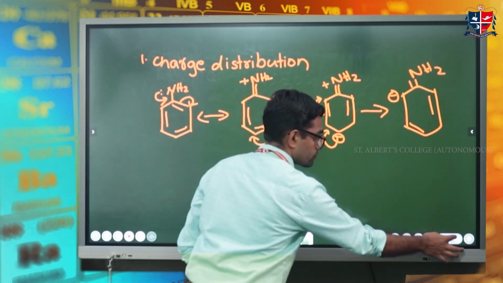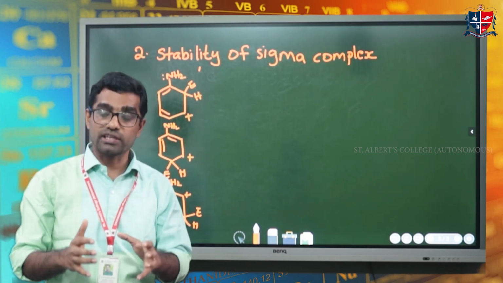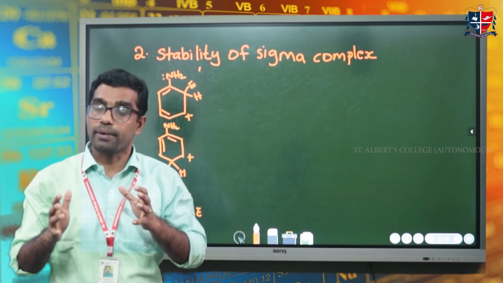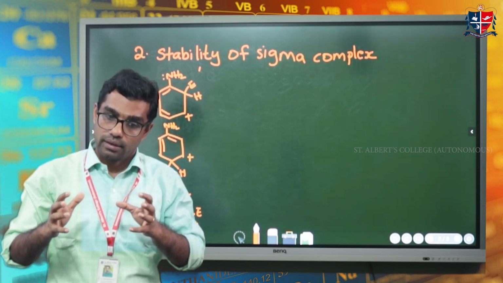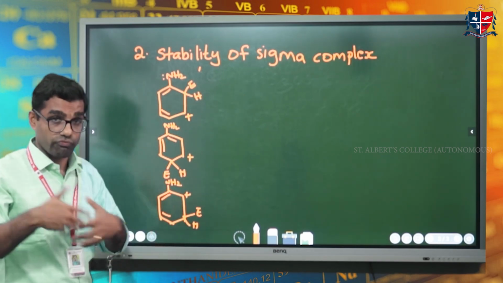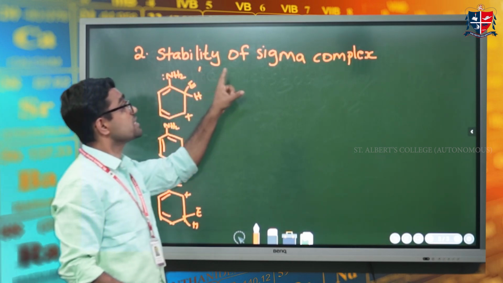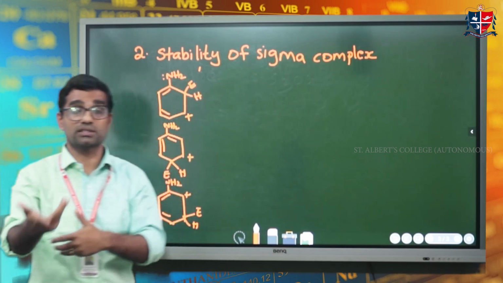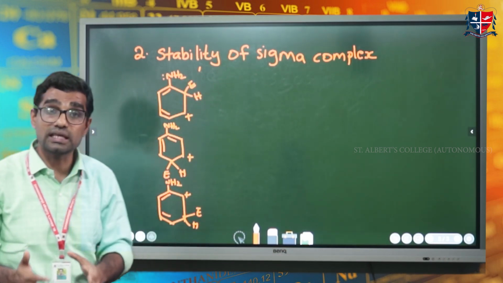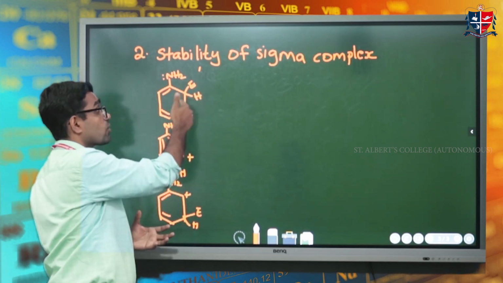Similarly, I can explain the preference of ortho-para attack of an electrophile when an amino group is present, also by the stability of the sigma complex. What do you mean by sigma complex? The sigma complex is the carbocation formed by the initial attack of the electrophile.